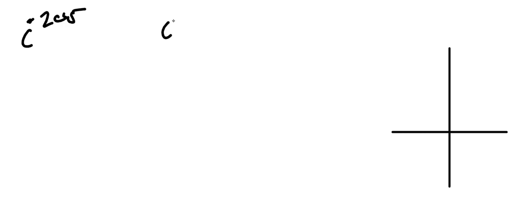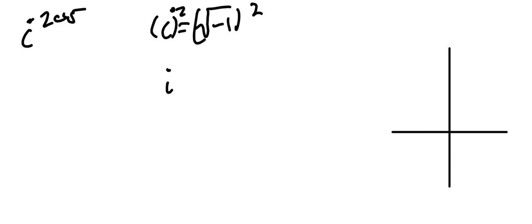i is essentially equal to the square root of -1. That means that if we square both sides, i squared is going to equal -1. And let's multiply by i on both sides. i to the third is going to equal -i.